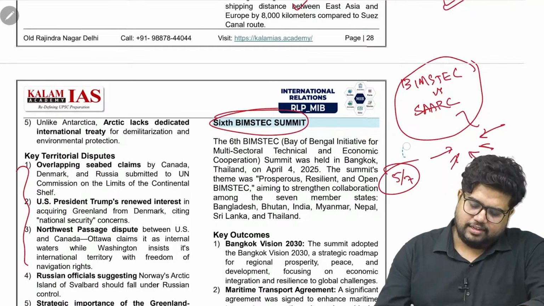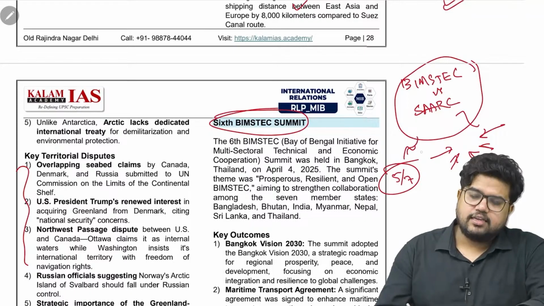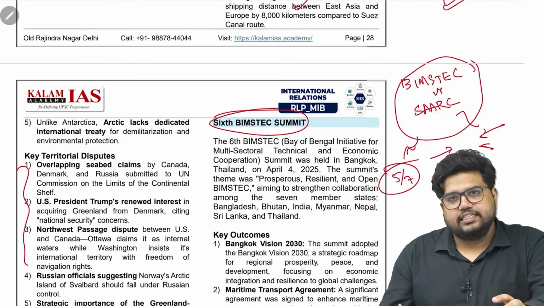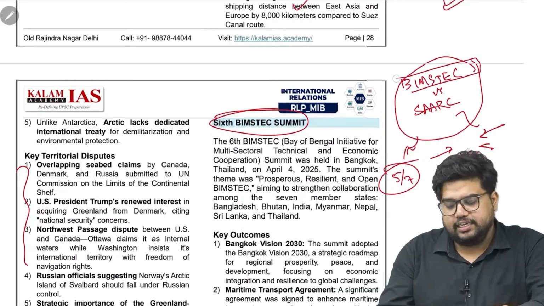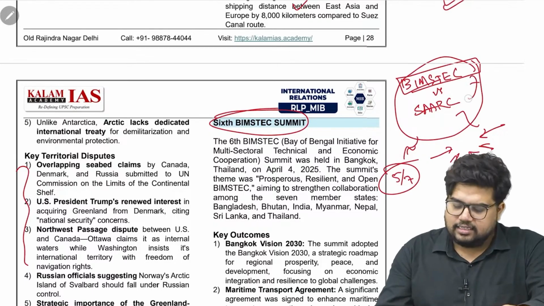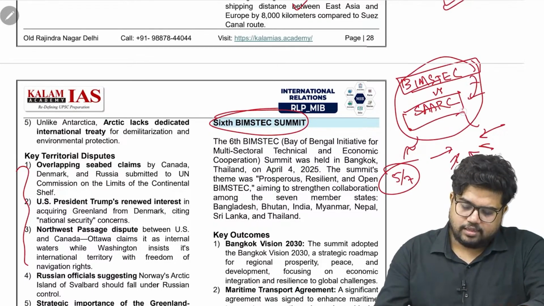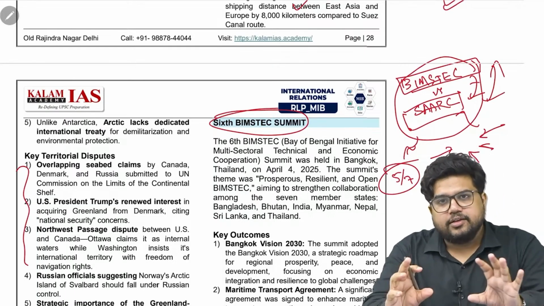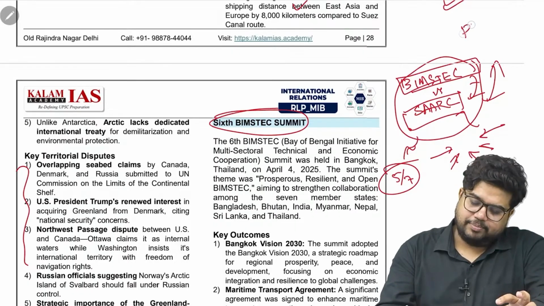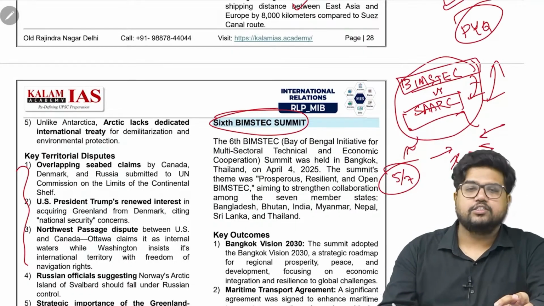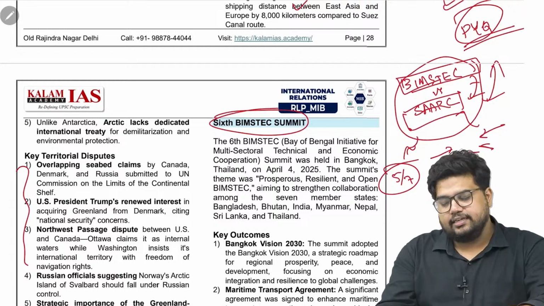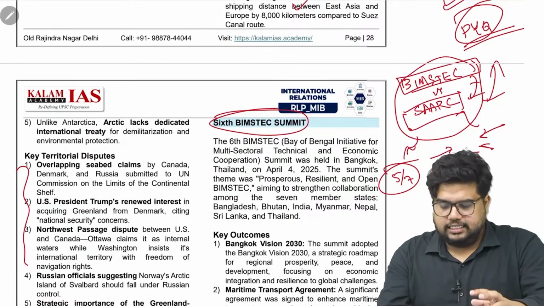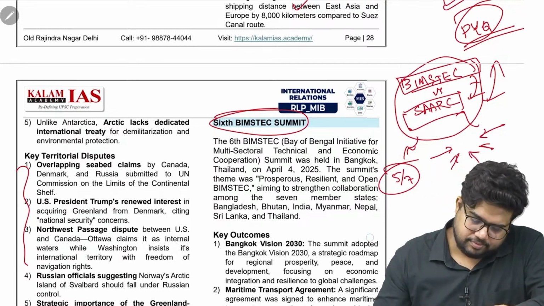So these are very synonymous organizations, and there is a direct confrontation. India is developing an interest in BIMSTEC as an alternative to SAARC. But there are fundamental differences between these two, so you should have a broad idea. This is also a UPSC PYQ. 2-3 years back there was a question directly comparing and contrasting BIMSTEC and SAARC.